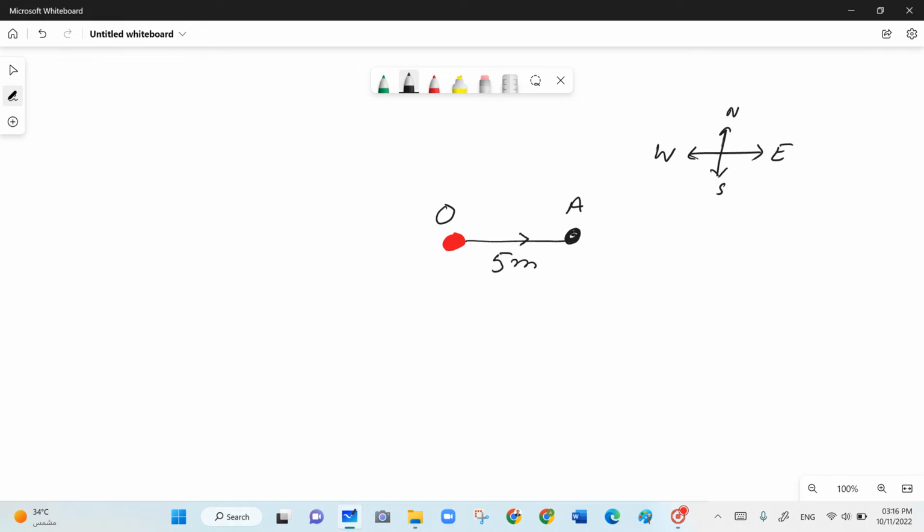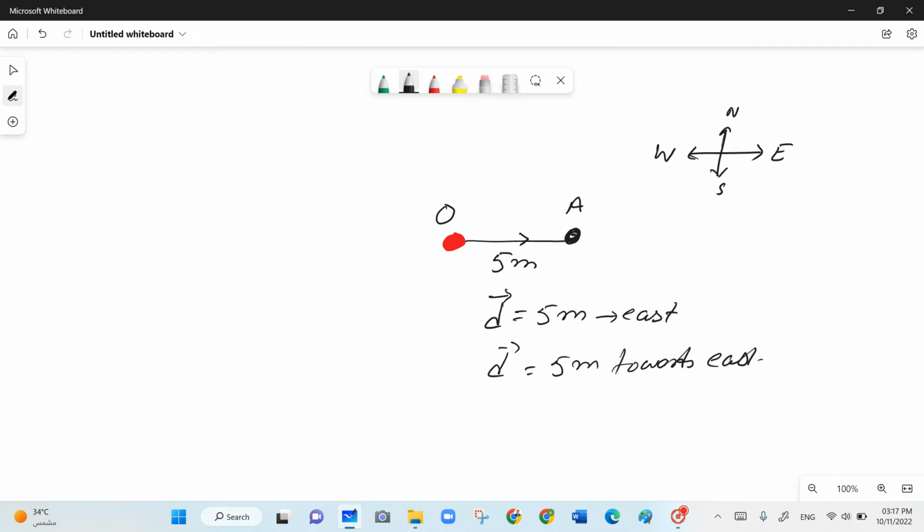When we compared distance, we didn't mention the direction. If we mention the direction, I can write mathematically that d is equal to 5 meter towards east. I can write the same thing as displacement 5 meter towards east.